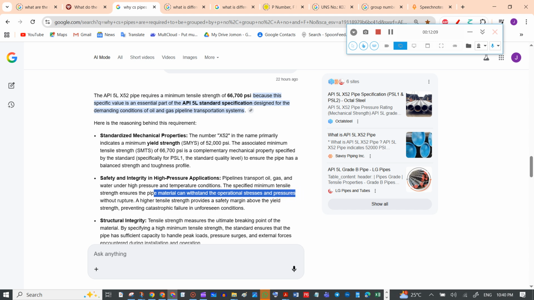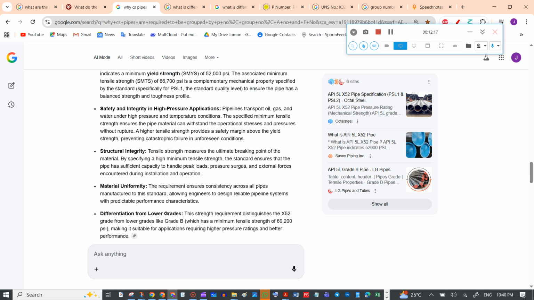A higher tensile strength provides a safety margin above the yield strength, preventing catastrophic failure under unforeseen conditions. Structural integrity: tensile strength measures the ultimate breaking point of the material. By specifying a high minimum tensile strength, the standard ensures sufficient capacity to handle peak loads, pressure surges, and external forces encountered during installation and operation.